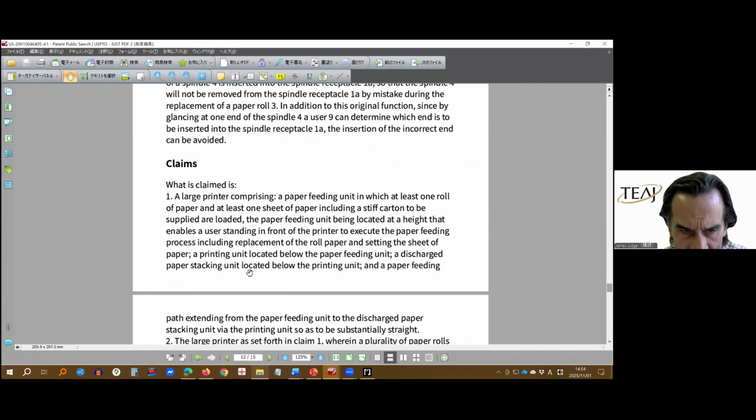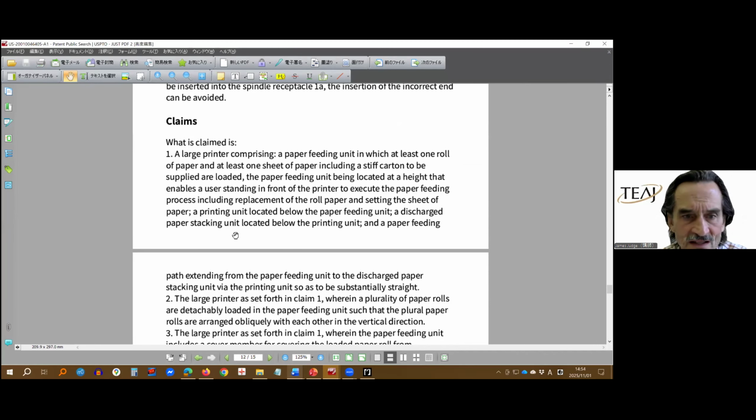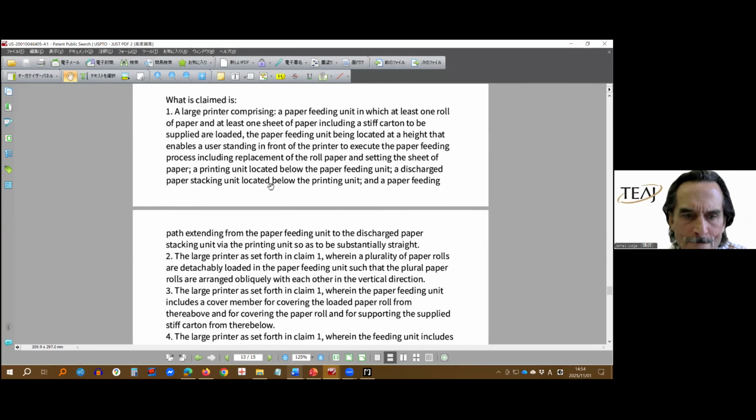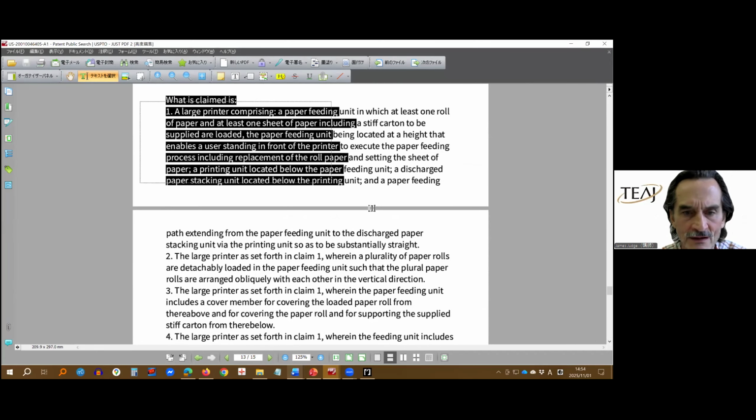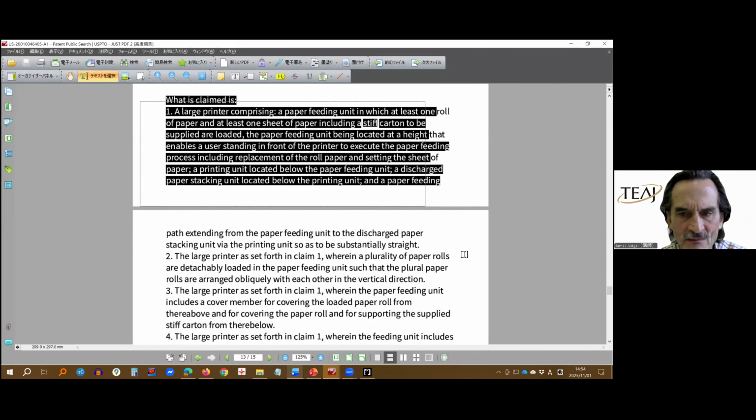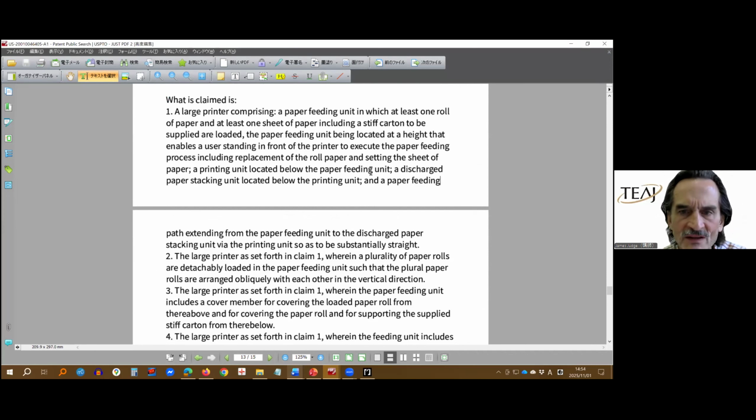Gosei Atsugami, I think. That was translated as... here is claim 1 as it was filed here. It doesn't go to the next page. But they used the words stiff carton, which is very strange.